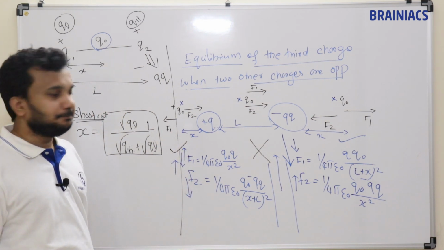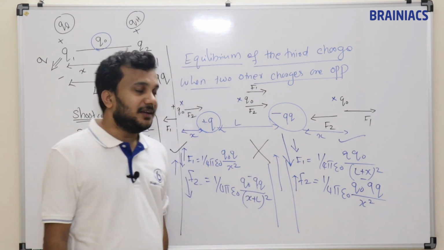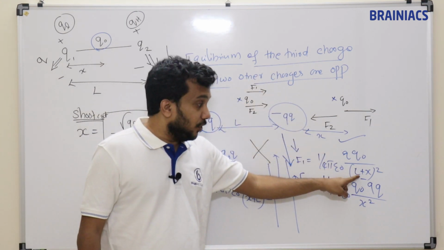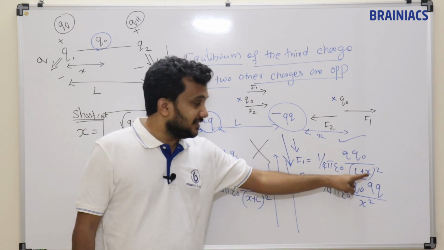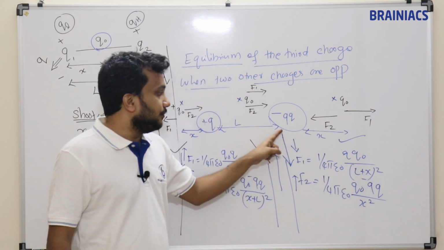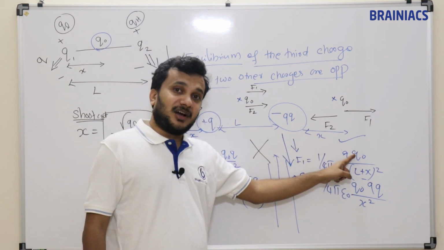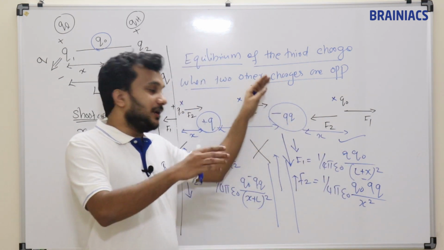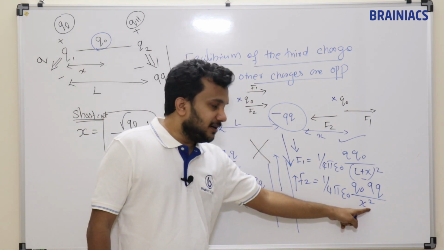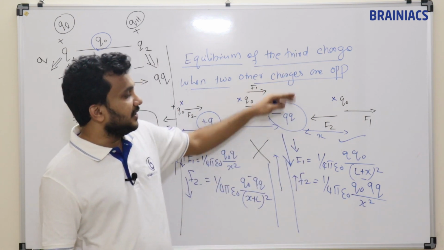There is a chance. But when we come to the right side, the denominator is very high. L plus X, X is very small, so L plus X is very high. If the denominator is high, force is less. Numerator is also less, force is less. So F1 is too less. But in case of F2, the denominator is less, so F2 is higher.